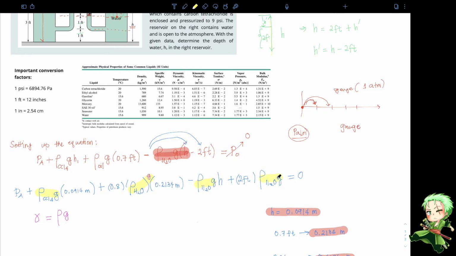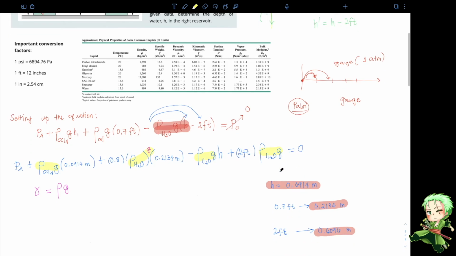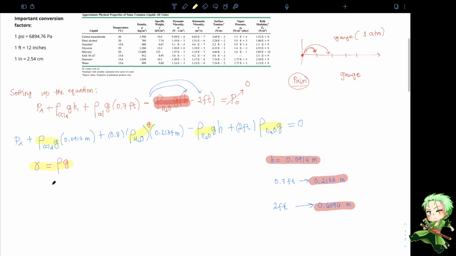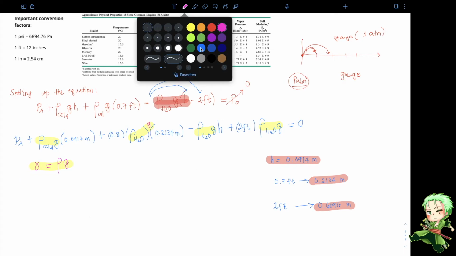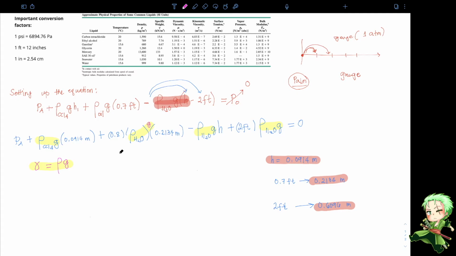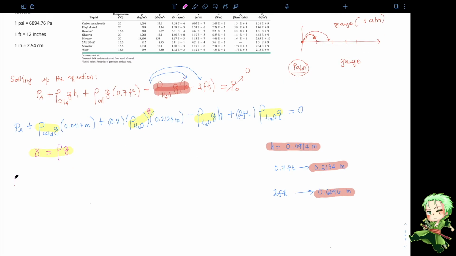That means we could simplify our expression by utilizing the fact that the density times the acceleration due to gravity is just the specific weight, or gamma, of the fluid. So we could do this to simplify the problem. Since specific weight is also given in the table above, it is easier to solve. So we have Pa. I should be changing back to blue.